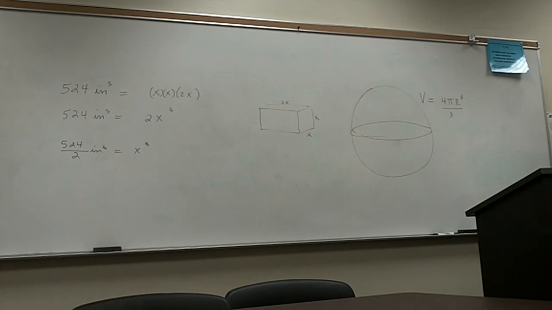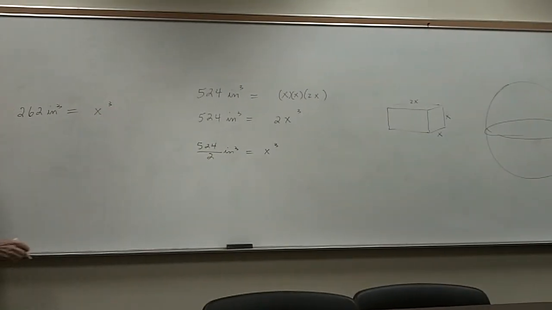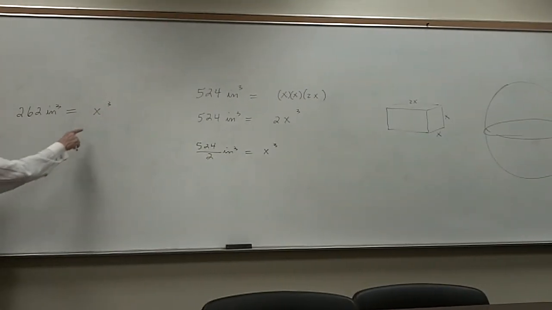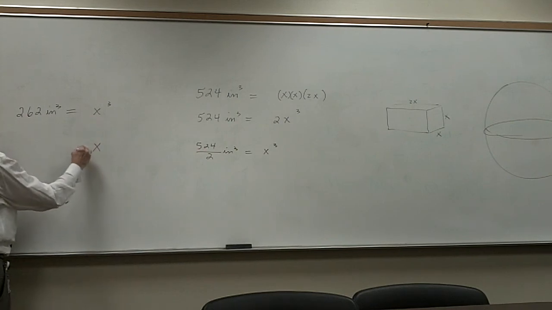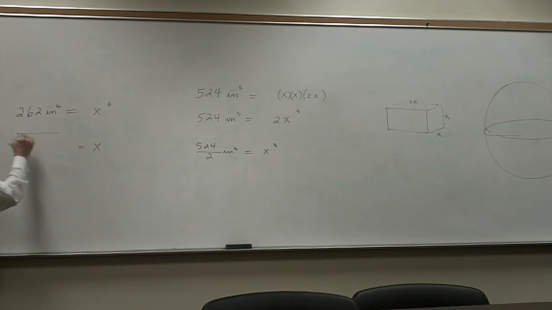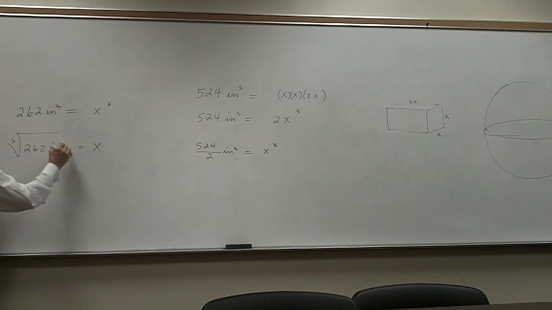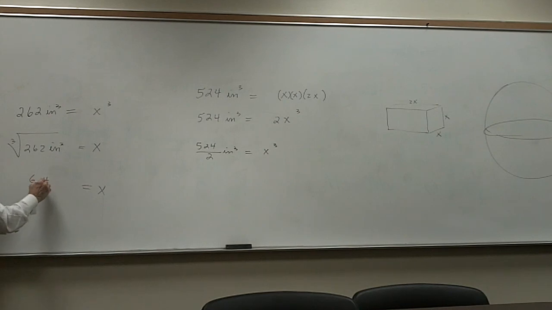Oh, wait, yeah, cube roots. Do you not see that you have to take the cube root of this side? How do you do that? What is the cube root of 262? 6.4. 6.4 what? Inches.